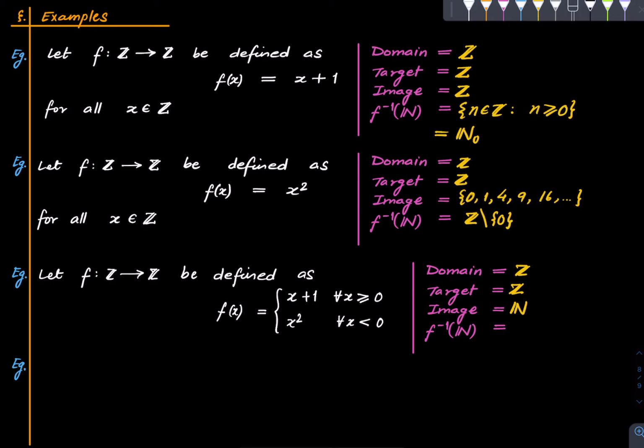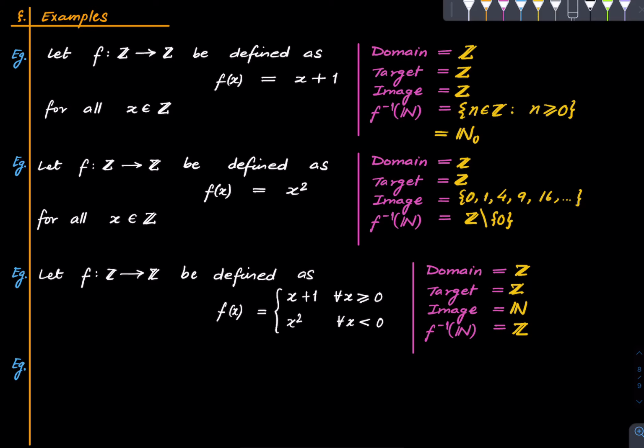Okay, and what is the preimage of N? Well, since the image is nothing but N, the preimage you can easily figure out is the entire set of integers.